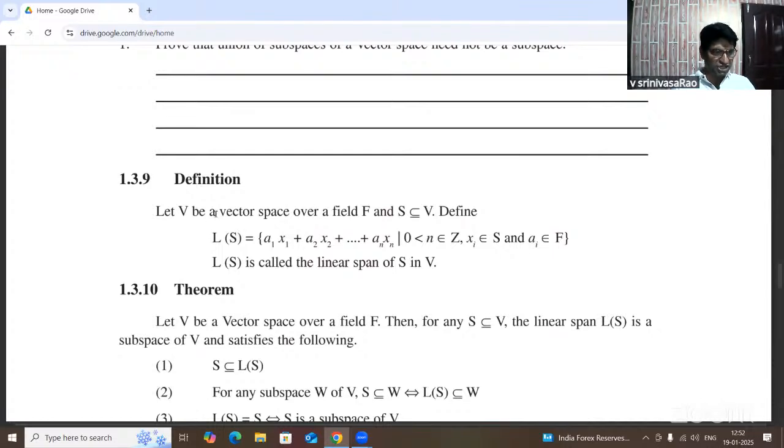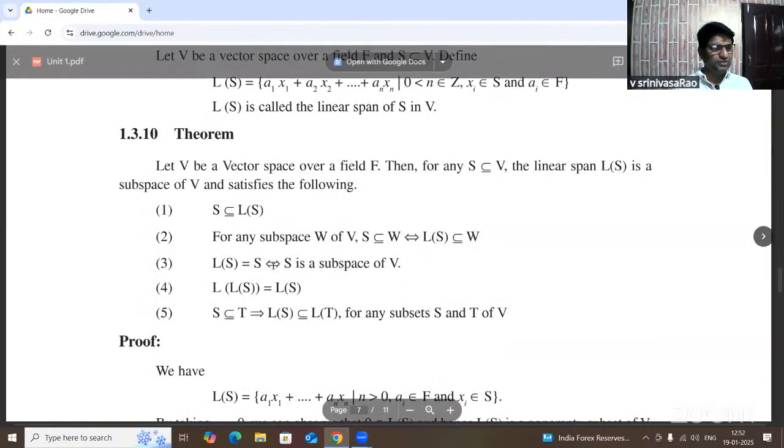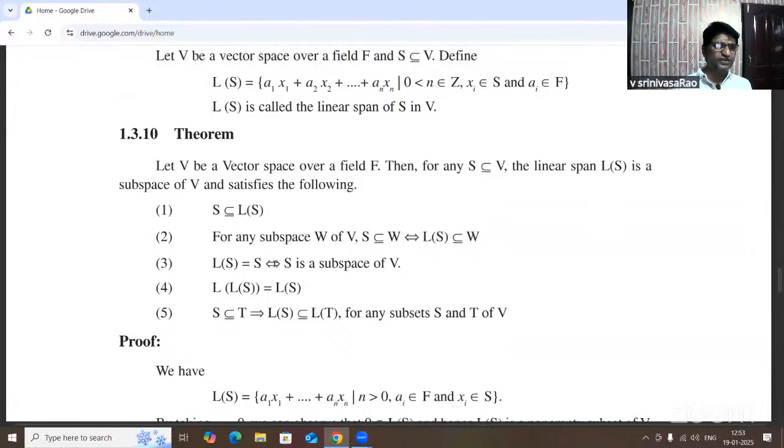That is the representation: L of S equal to a1 x1 plus a2 x2 plus so on, an xn. See this theorem 1.3.10. There is no doubt: if the first and second units are thoroughly practiced, then it is automatically easy to pass. Okay, that is the simplification, because without the concept of linear space, you can't do anything here.